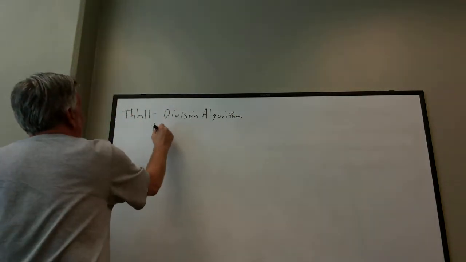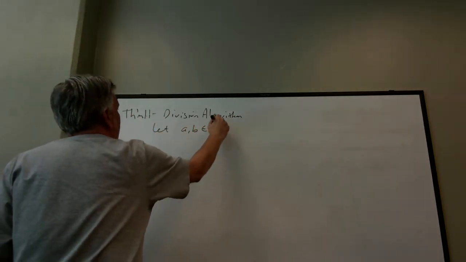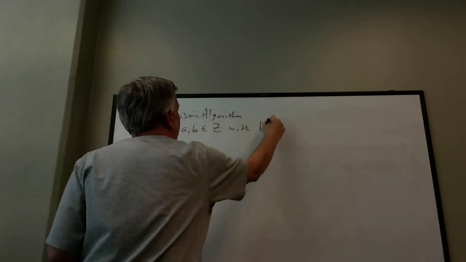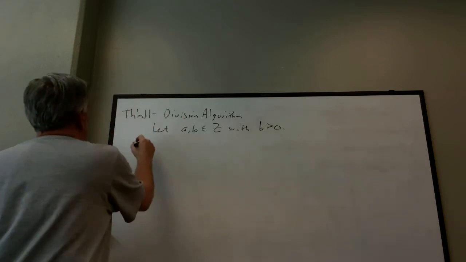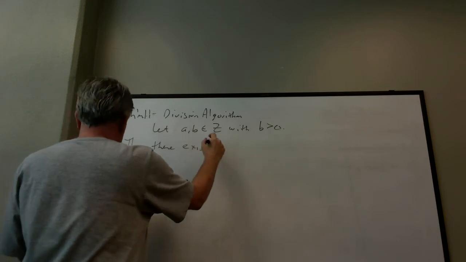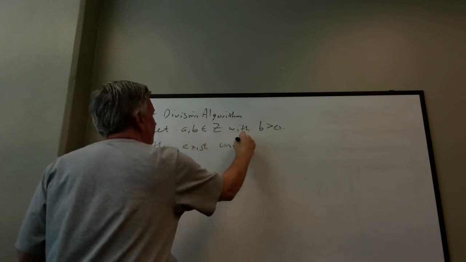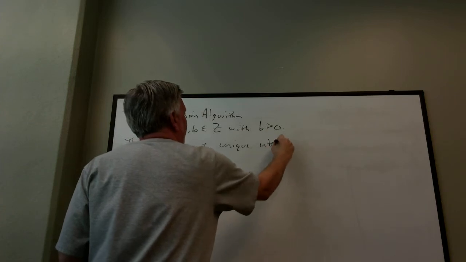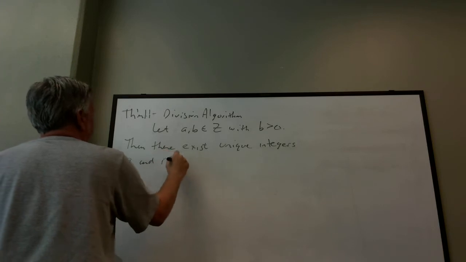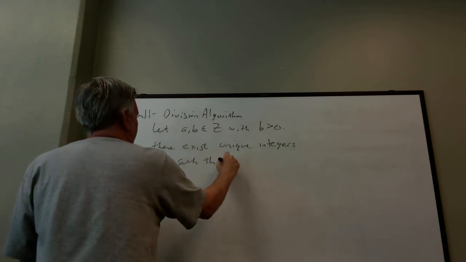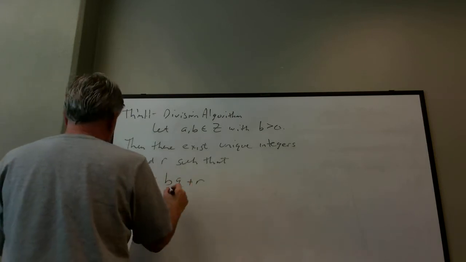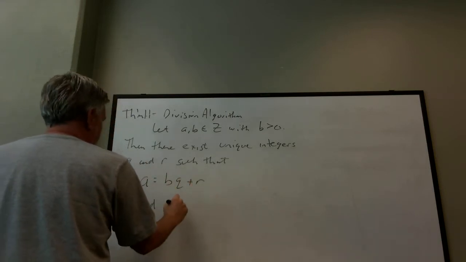Okay, and it says let a and b be integers with b greater than 0. Then there exist unique integers q and r such that a is bq plus r, and there's a restriction on r.